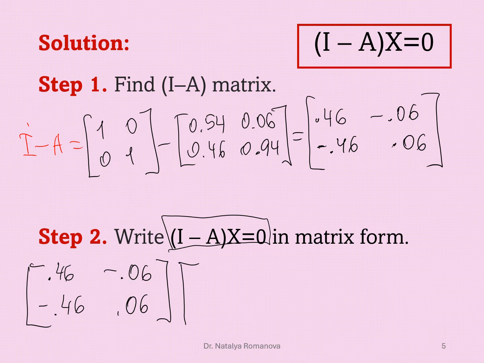We remember x is the variable matrix. The input-output matrix has size 2 by 2, so the variable matrix has size 2 by 1, only two variables, x and y. It equals the zero matrix, 0, 0. This is the matrix form. Next step.